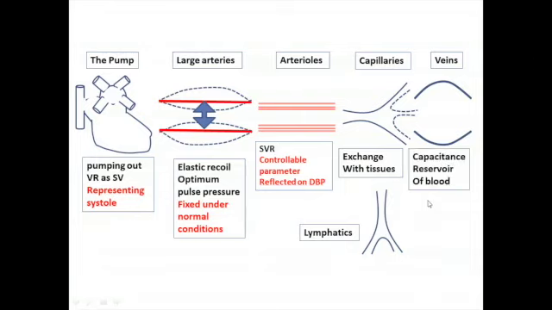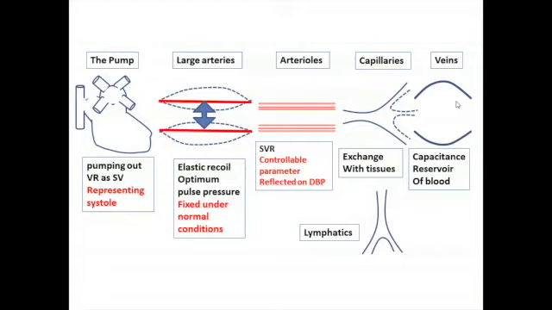And next we have the veins. Veins are the most compliant part of the circulation, and they are the capacitance part of the circulation. Because of that, the veins are the reservoir for the blood. Typically, the blood volume in the body is divided into 85% in the veins and 15% everywhere else.